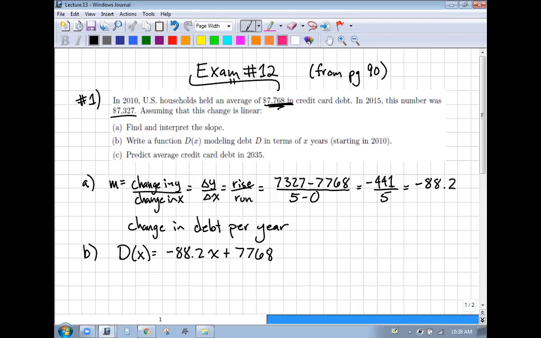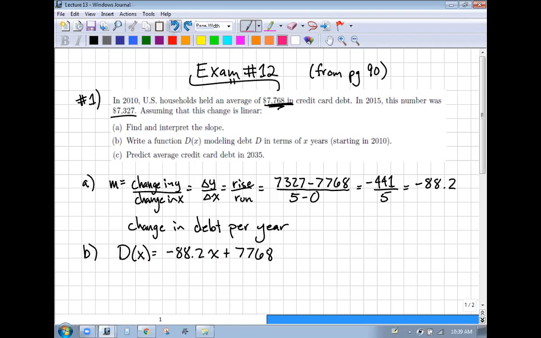If you plug in a 0 for time, 0 is the year 2010. In 2010, we had debt of 7,768. After that, as each year increases, as 1 year passes, the debt goes down $88.20.